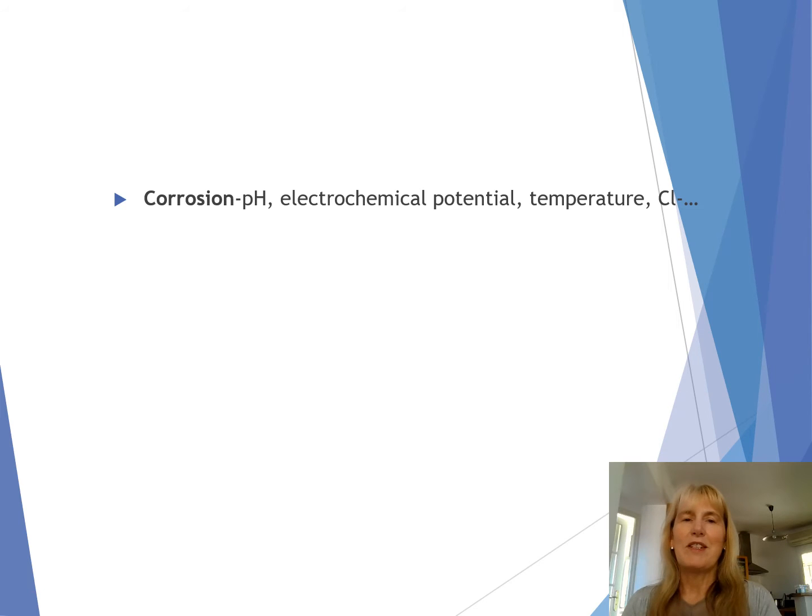The corrosion variables tend to be electrochemical potential, hydrogen ion concentration, temperature, that is the activation on the surface, and the presence of anions, chlorides, sulfides, etc.